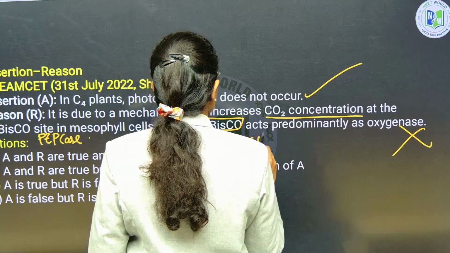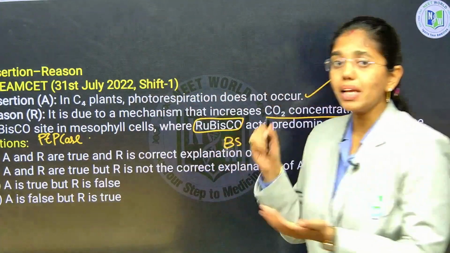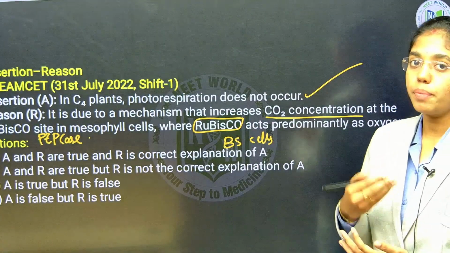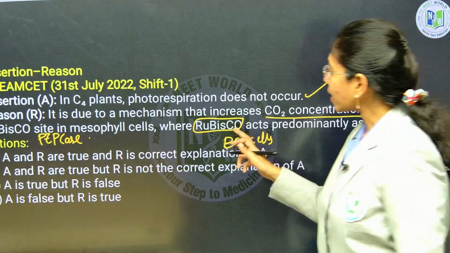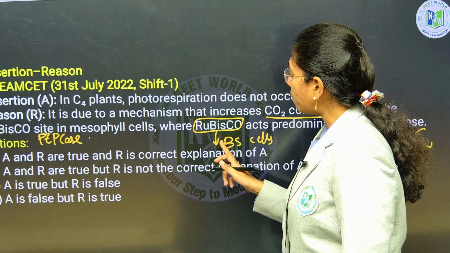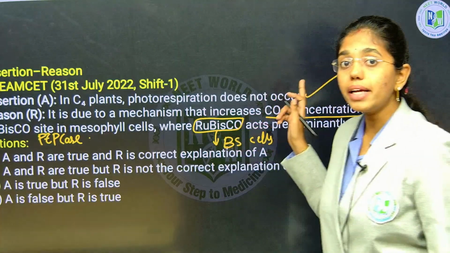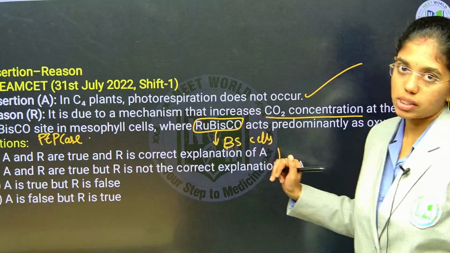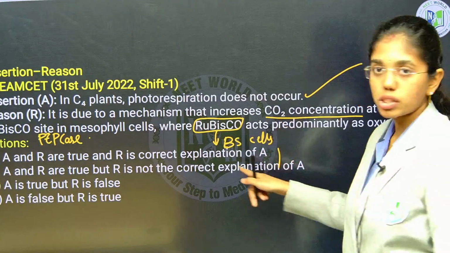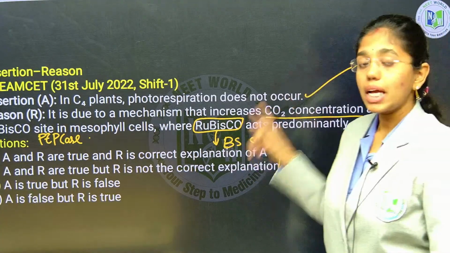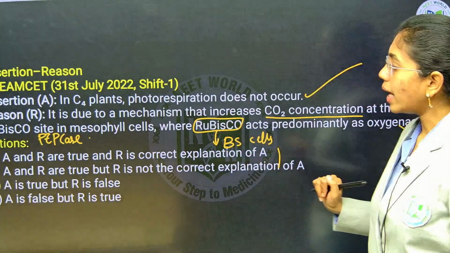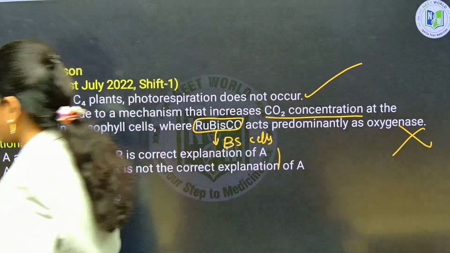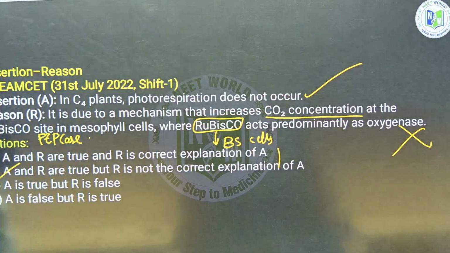These bundle sheath cells are deep inside, where oxygen will not prevail. With direct entry of the 4 carbon compound into bundle sheath cells, immediately after decarboxylation, carbon dioxide will take over the C3 cycle. There is no oxygenase activity inside the bundle sheath cells. So the assertion is true and the reason is false, option C. Clear?